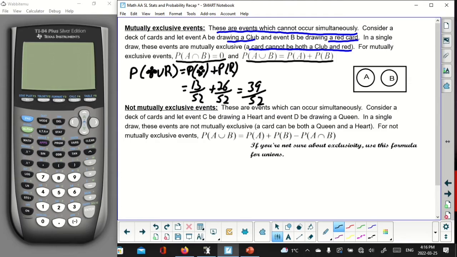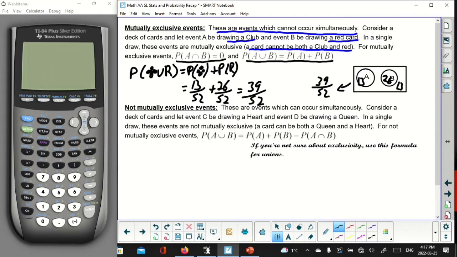In mutually exclusive events, that Venn diagram is going to have circles that are disjoint, that do not touch. There are 26 red cards, that was event B, and there are 13 clubs, that was event A. So you can see right here, there's 39 out of 52, because there are 13 that are neither red nor clubs. The less formally that you can do any of these questions, frankly, typically, usually the better.